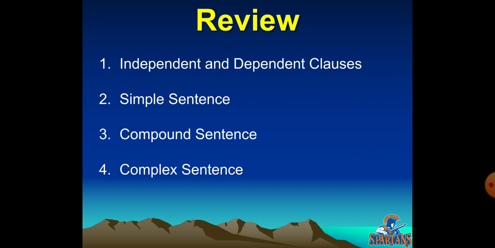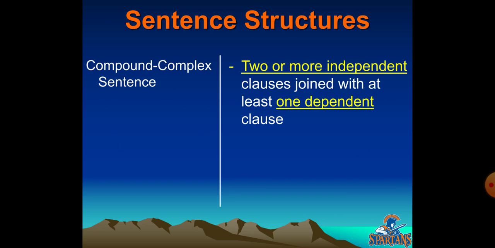So far we have discussed independent and dependent clauses, simple sentence, compound sentence, complex sentence. Now we will move on to the fourth and the last type of sentence structure, which is a compound complex sentence. A compound complex sentence, as its name indicates, is made up of compound and complex sentence.